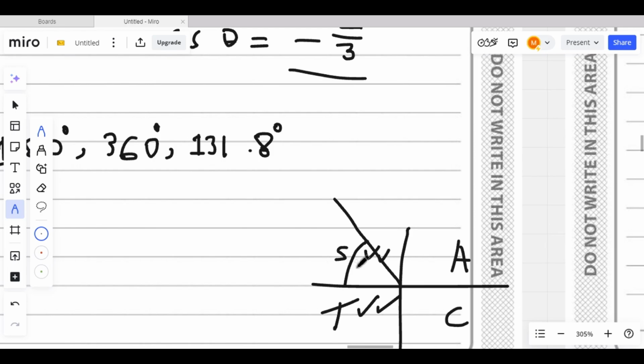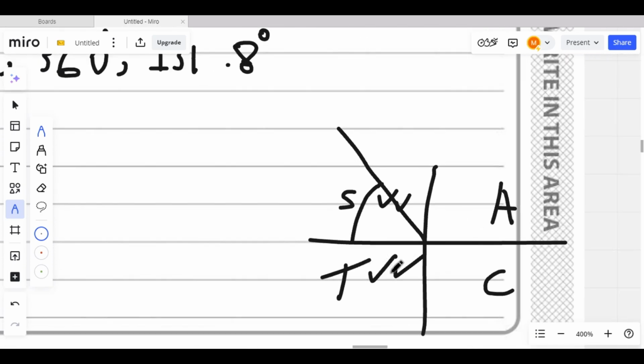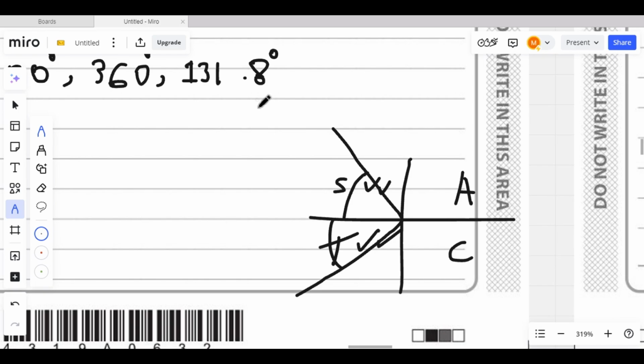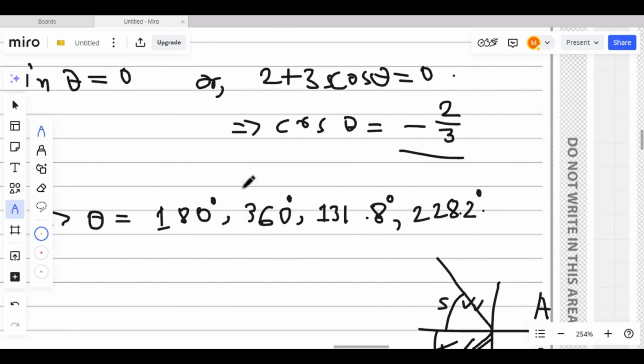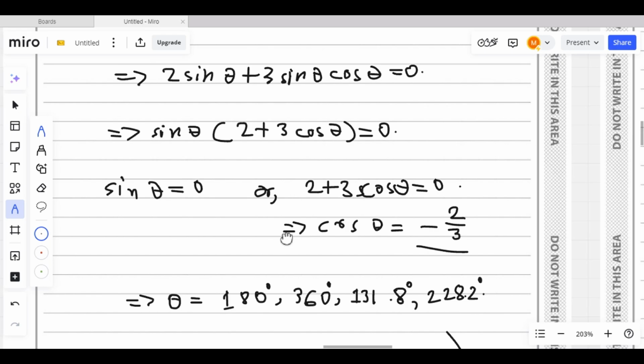This is the acute angle that it makes with 180 degrees. Again, we can have another angle there with the same acute angle below 180 degrees. So 180 plus the acute angle that we found is 228.2 degrees. These are the four possible values for theta.